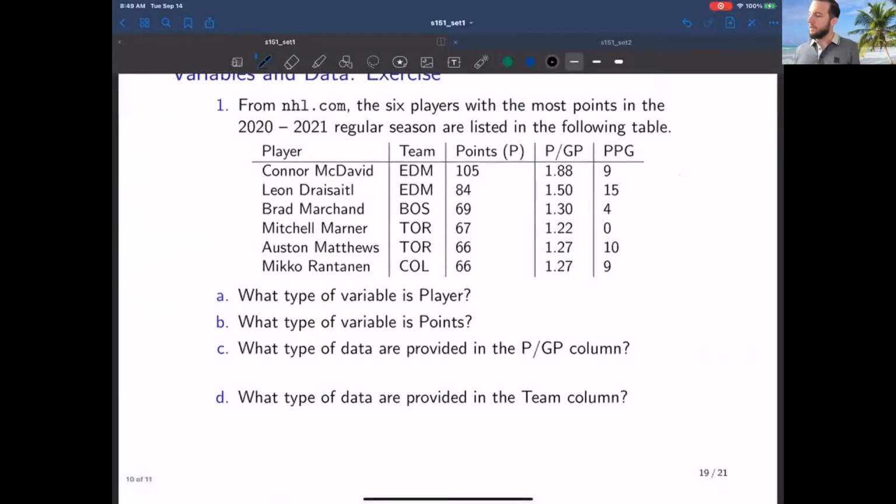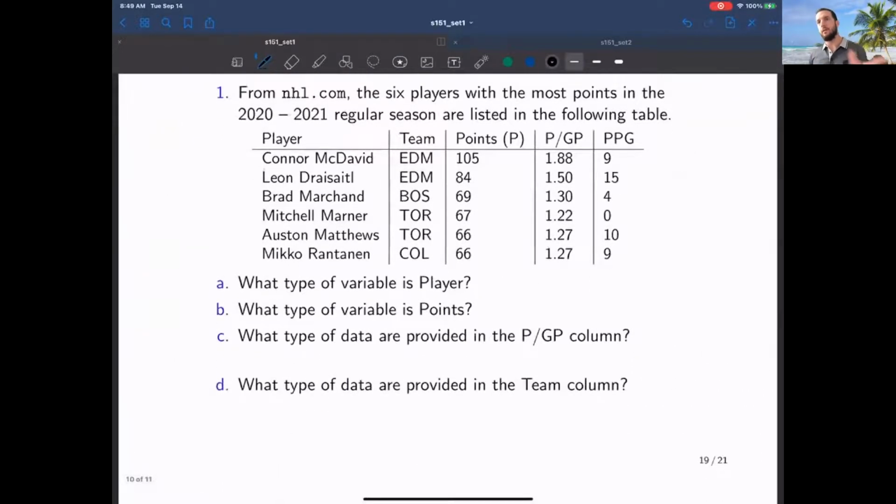Okay, so to illustrate this, I'm going to use a very simple data set that contains the top 6 point scorers from the 2020-2021 NHL season, so last year's season. So in this data set, we have 6 observations.